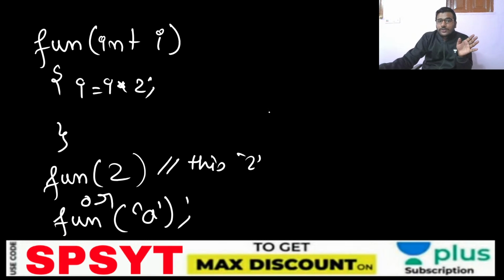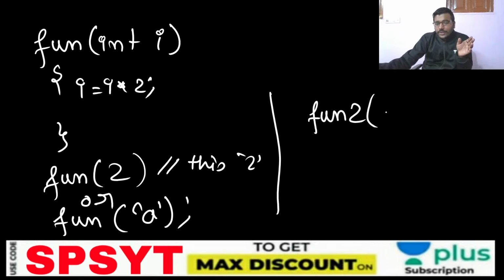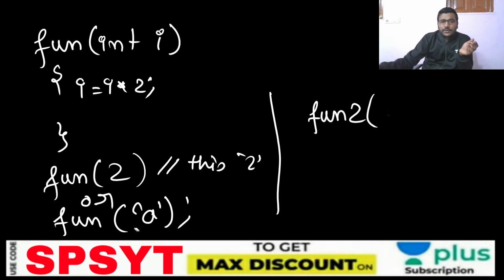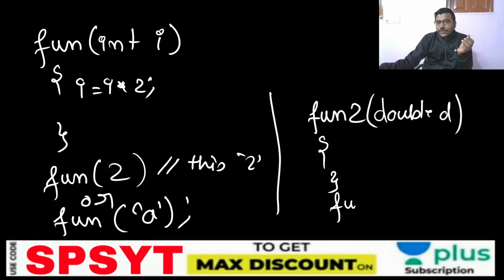Okay. So similarly, if you are having fun2, and it is taking a double d, and some work is doing. And if you are calling this function by passing a float, it will convert float into double.